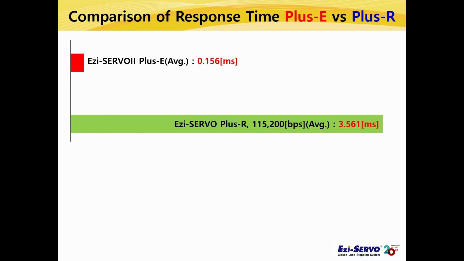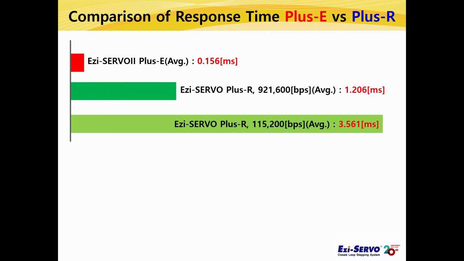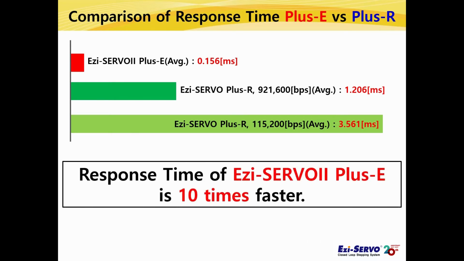When the speed is 921,600 bps, the response time was measured as 1.206 millisecond on average. From the test results, you can see that the response time of Ezi-SERVO Plus-E is about 10 times faster than when the communication speed of Ezi-SERVO Plus-R is set to 921,600 bps, which is the fastest.